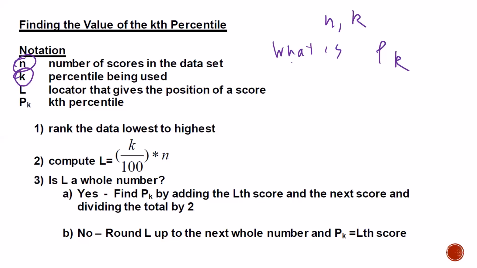If L is not a whole number, you simply just round up. So you always round up. Notice you don't round down. That happens sometimes.